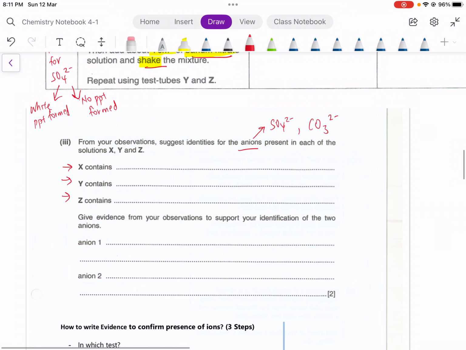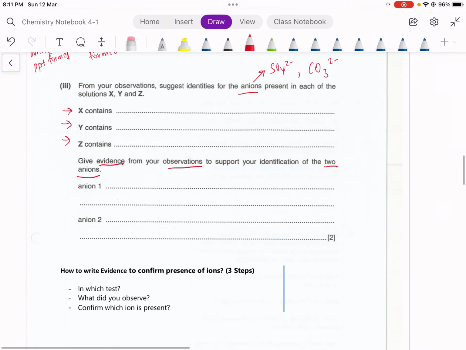Next, they will ask you to write down the evidence for your observation to support the two anions. In this case, let me teach you a sure-win strategy to score full marks for such questions. If you see 2 marks, that means you need to answer each of the things correctly in order to get the 1 mark.